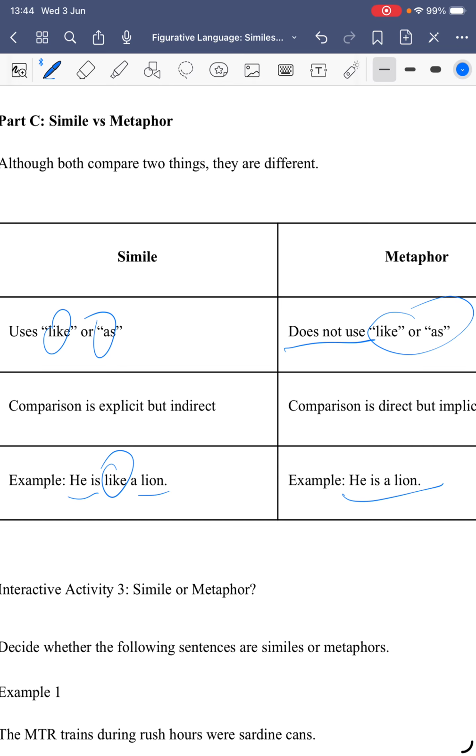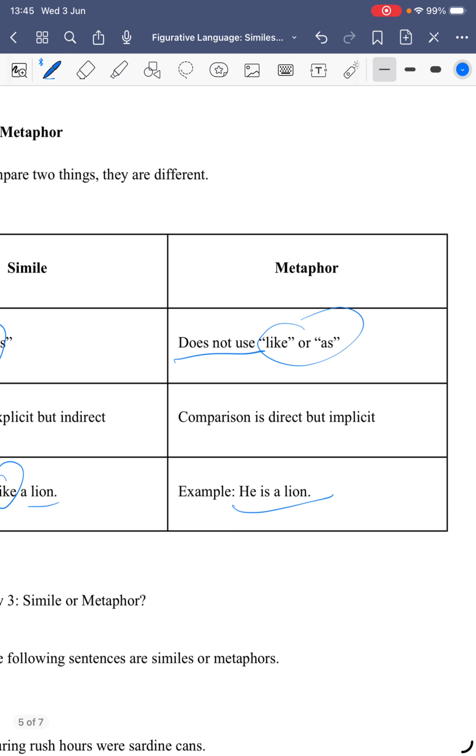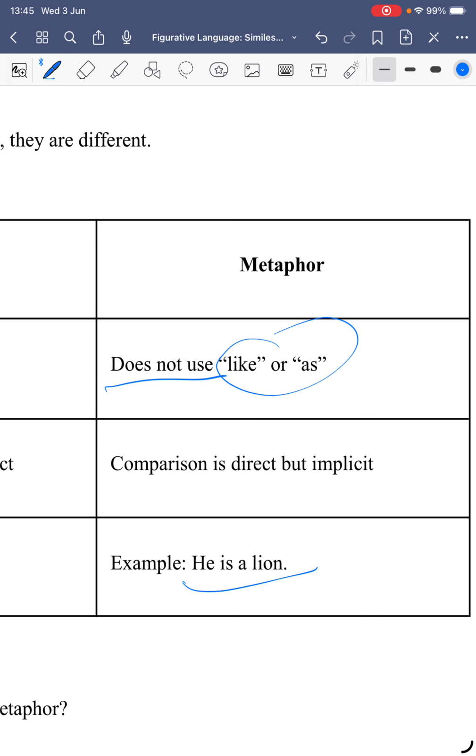This is a simile because there's a comparing word like, and it's not that direct because you have to link the idea of he and lion to make sense of the connections between these two things. But in a metaphor, you see, he is a lion.